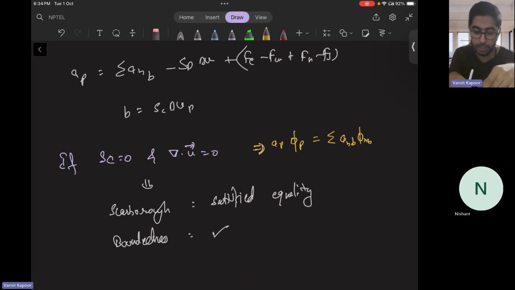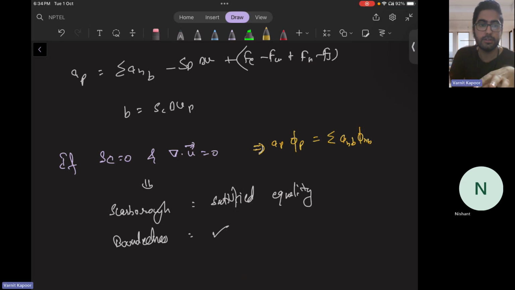If you see here in the upwind differencing scheme, first of all, tell me this much is clear. We understood that Scarborough and boundedness are satisfied if source is 0 and incompressible flow is followed.